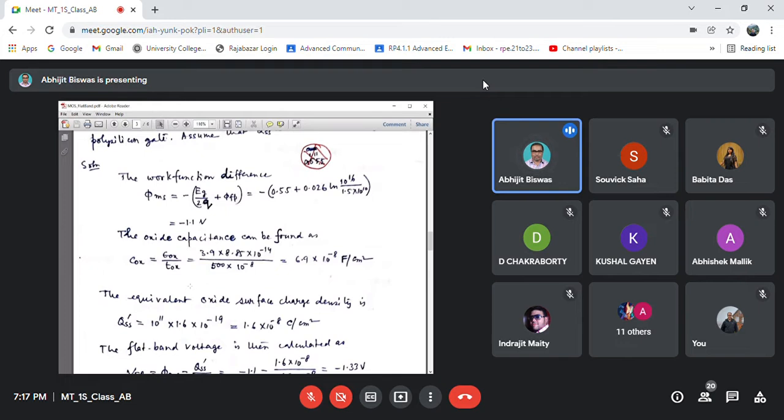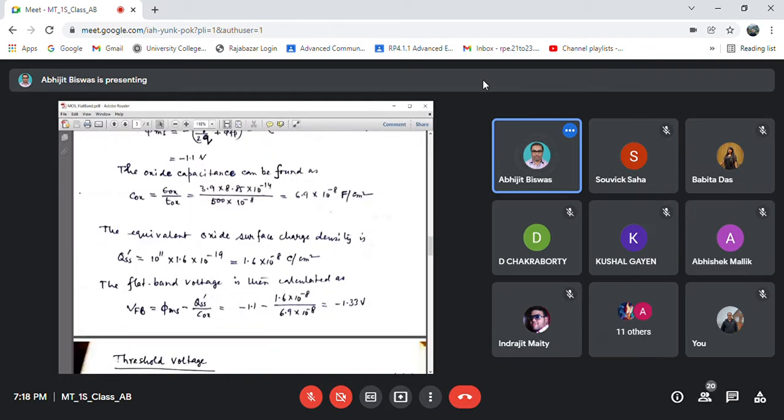What is the value of the permittivity of silicon dioxide? It is 3.9 into the permittivity of vacuum, 8.85 into 10 to the power minus 14, divided by the oxide thickness in centimeter unit. So ultimately we will find 6.9 into 10 to the power minus 8 farad per square centimeter.